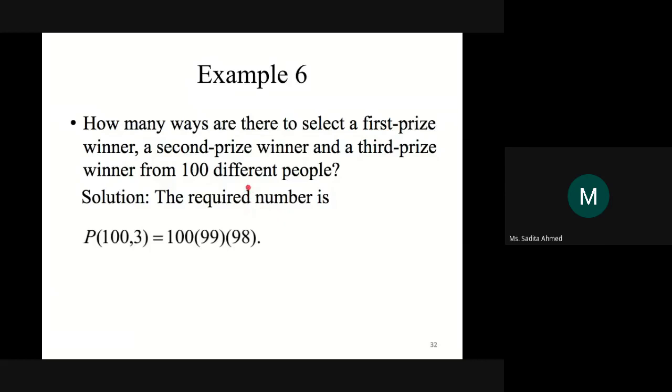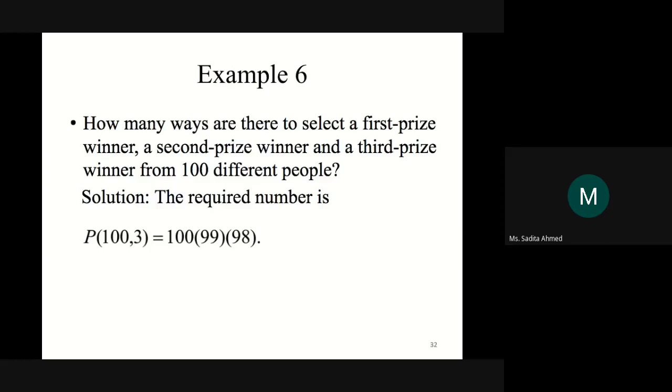All right? So let's go over the problem first. There are 100 different people, and among them, we have to select a first prize winner, a second prize winner, and a third prize winner. How many ways are there to select the 3 winners from these 100 different people?